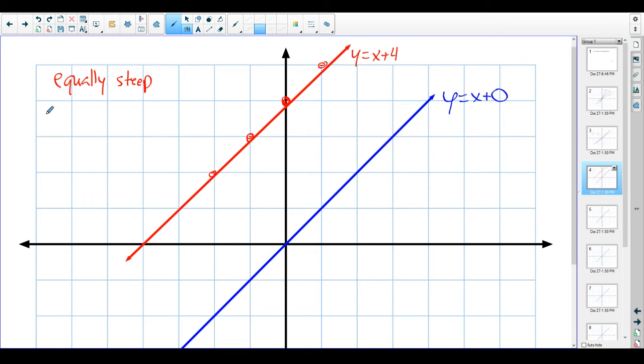The slope didn't change, but we would say this has been shifted 4 units up. And that's it. That's your whole thing. So if it tells you that your line got shifted upwards, you know it's going to look like this. Same exact shape, just the whole thing gets moved up in the air.